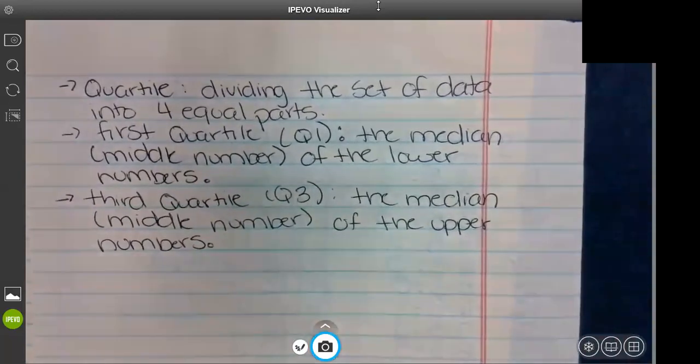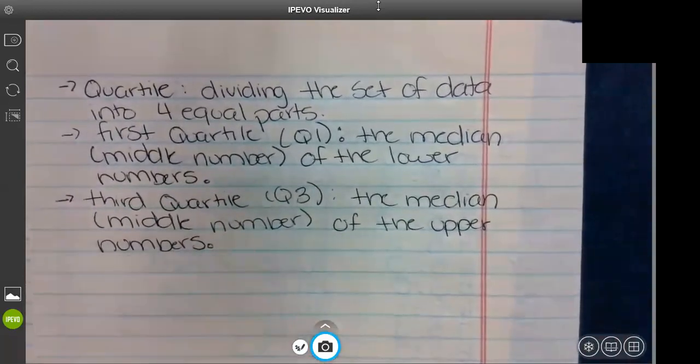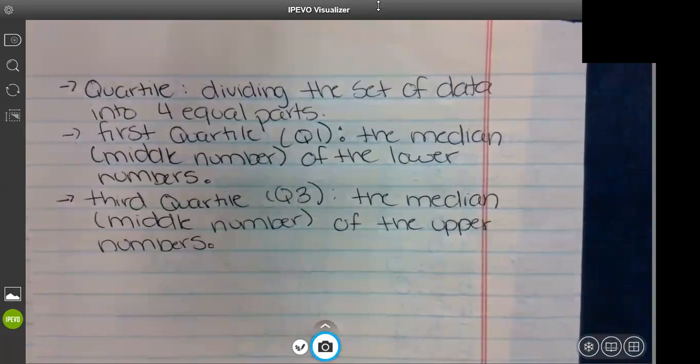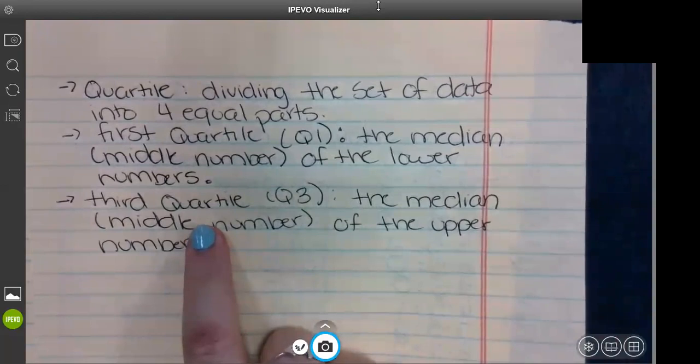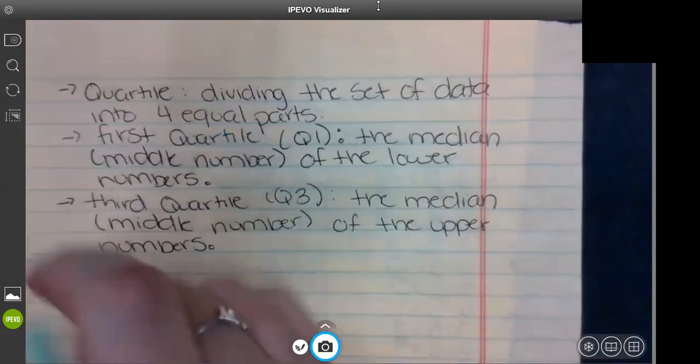And the last thing is going to be your interquartile range. And just like with regular range, you are going to be subtracting, but instead of the biggest minus the smallest, it's going to be the third quartile minus the first quartile.